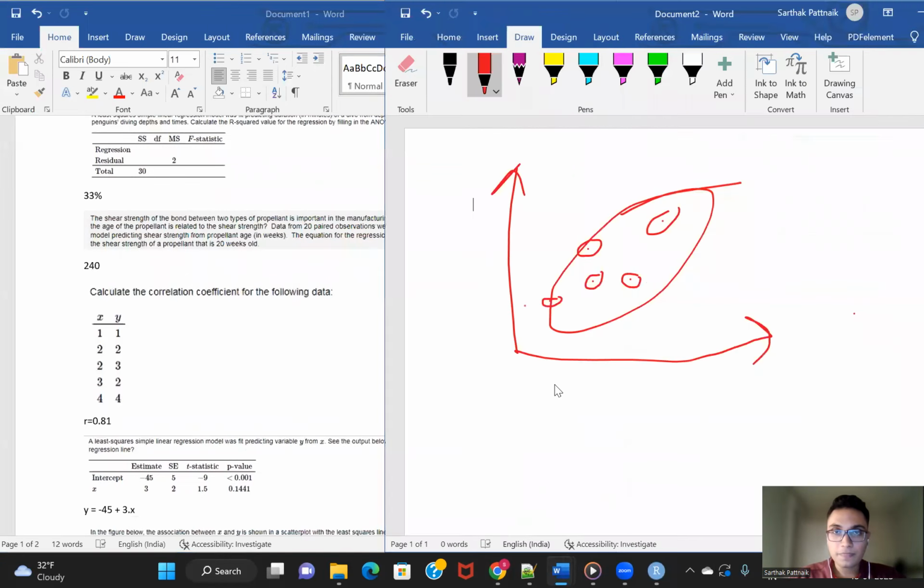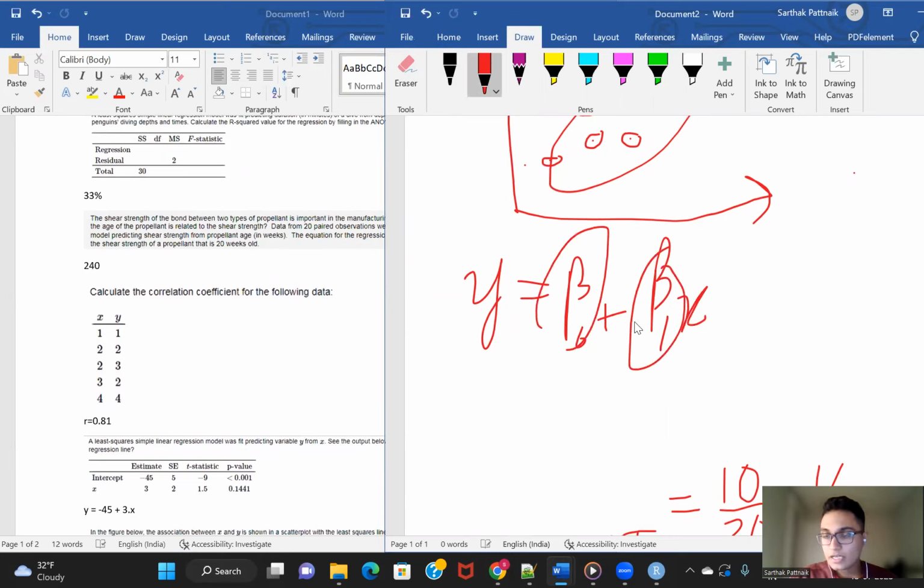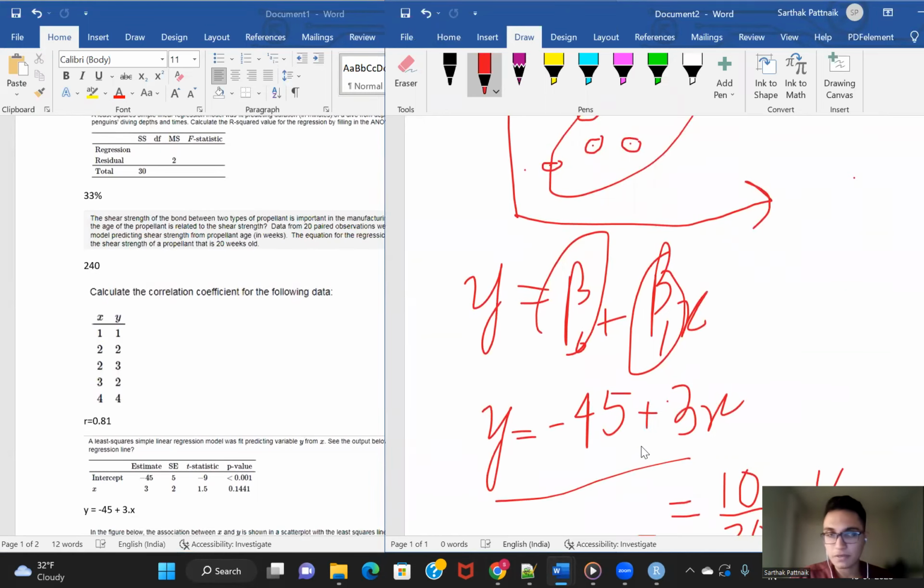So we know that the equation of a line for a simple linear regression model is y is equal to beta naught plus beta 1 into x. So I just need beta naught and beta 1 to create the equation of my line. I have been given the estimate of the intercept and the estimate of the slope. What is the estimate of the intercept? Minus 45. What is the estimate of the slope? 3. This is the equation of my line. As simple as that.